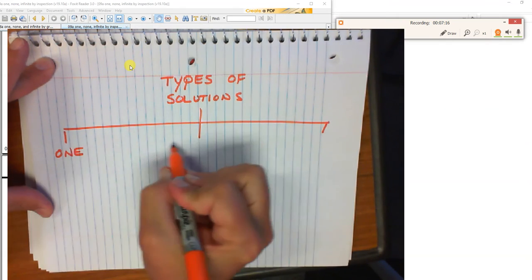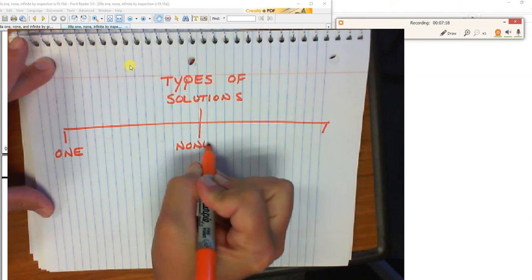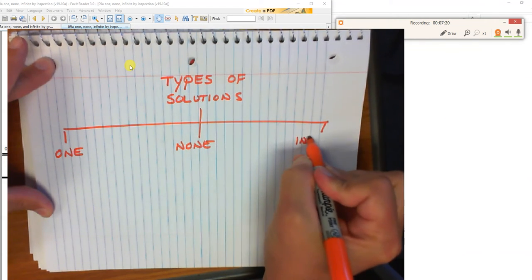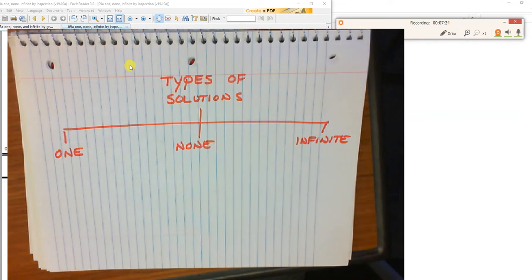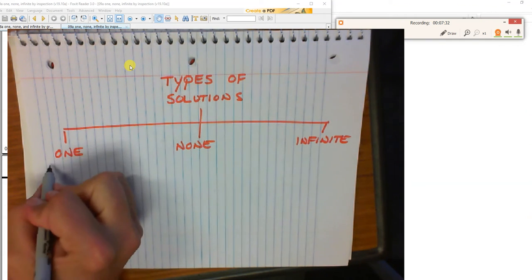One, none, infinite. The key to the 1 is different slopes.